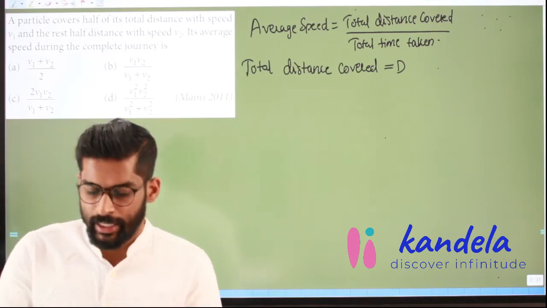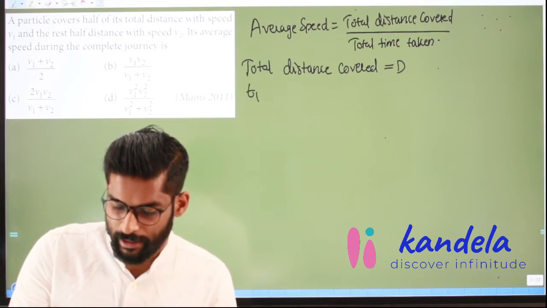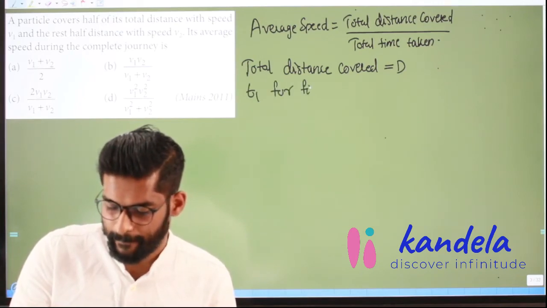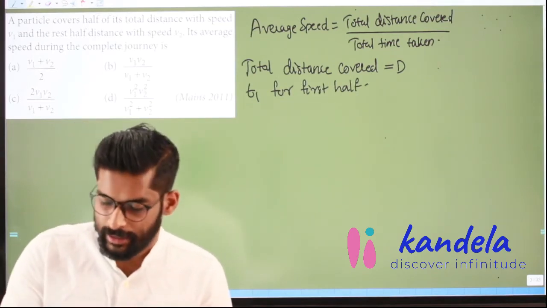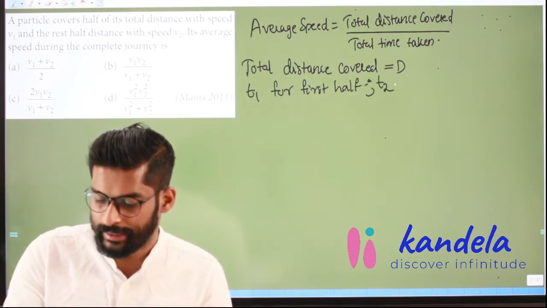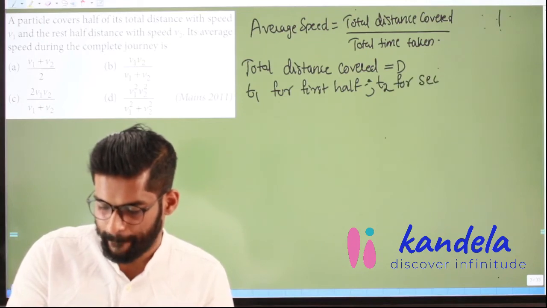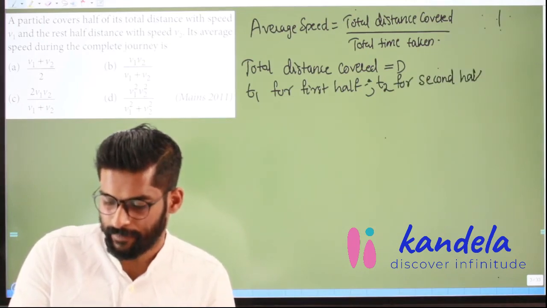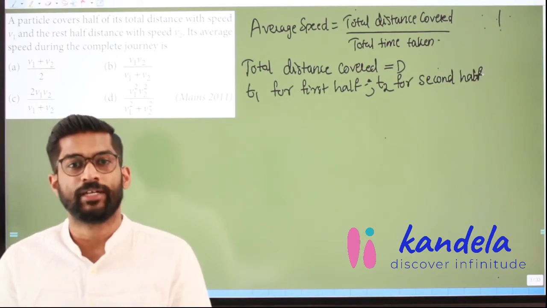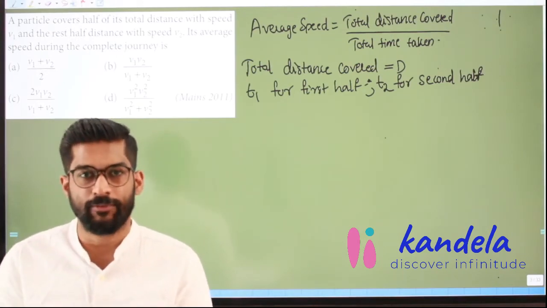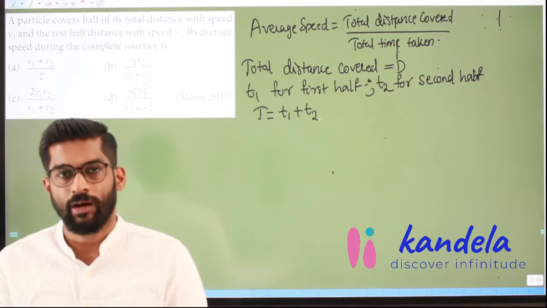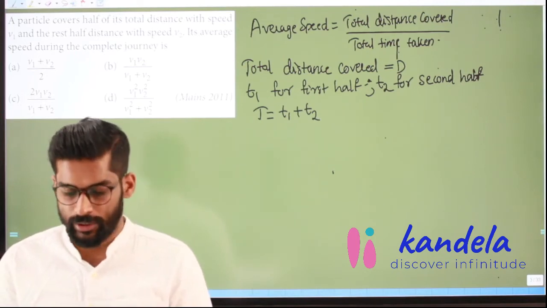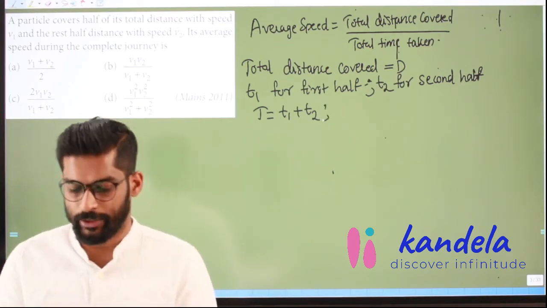Let's imagine t1 is the time for the first half and t2 is the time for the second half. If I know t1 and t2, I can find the total time as t1 plus t2. Now the only thing needed to solve this problem is t1 and t2.